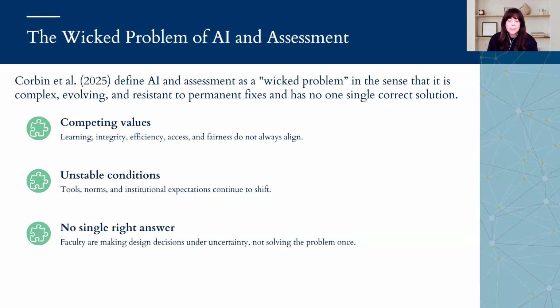What makes this essentially a wicked problem is that for many of these issues, there isn't a single right answer, so faculty are often forced to cope or adapt with the shifting landscape and to make decisions under uncertainty, often having to prioritize one tension or problem over the other.